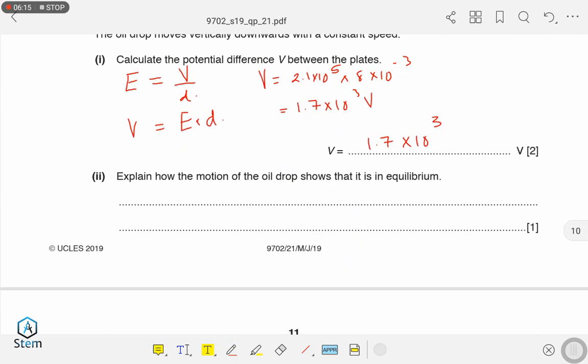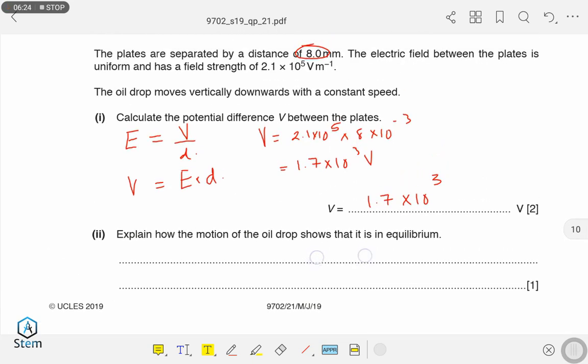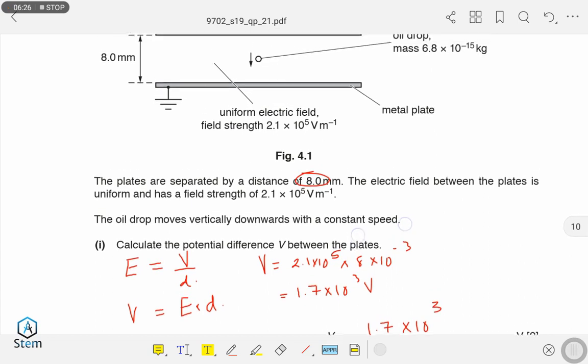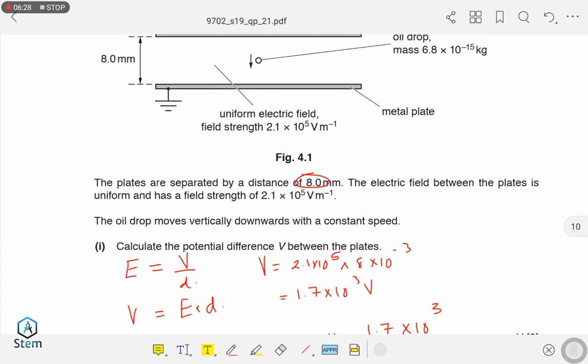Explain how the motion of the oil drop shows that it is in equilibrium. Let's go to the question and see where the motion was mentioned. The oil drop is moving down with a constant speed.